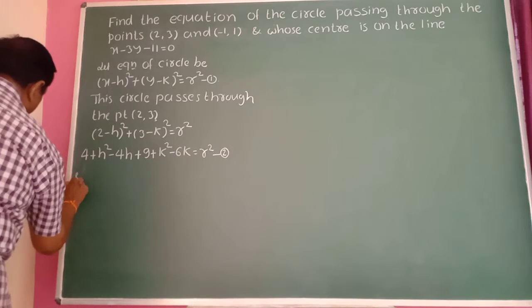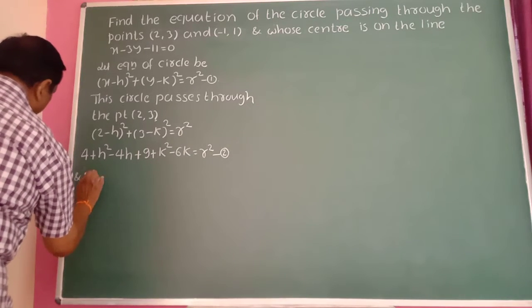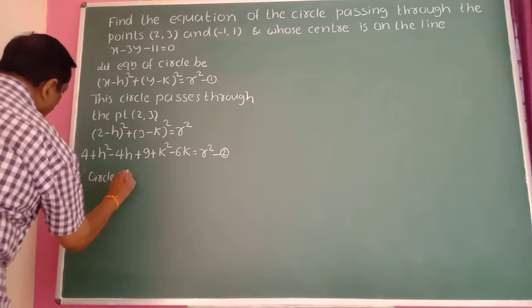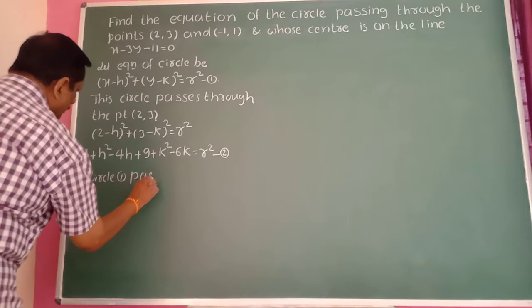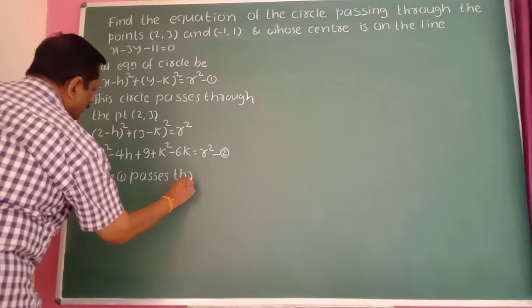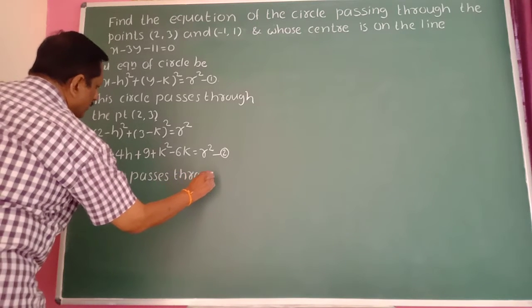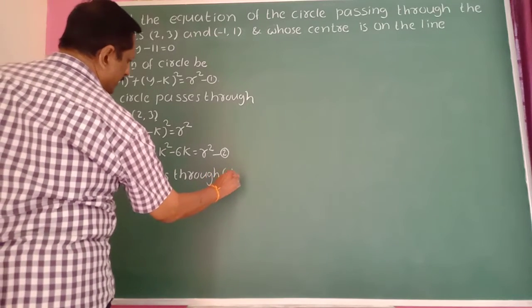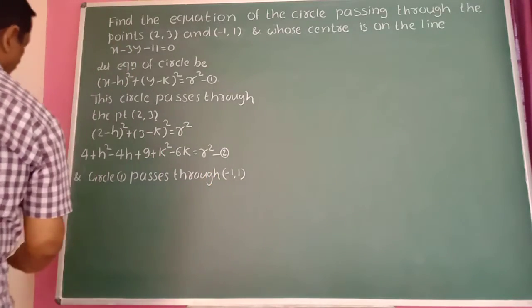And circle 1 passes through the point minus 1, 1.